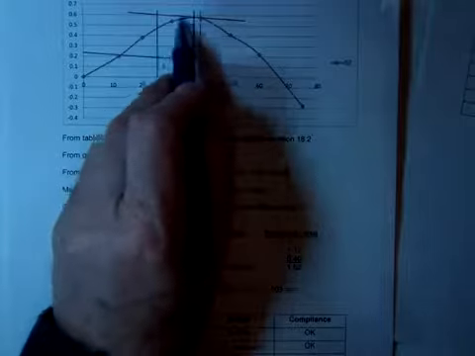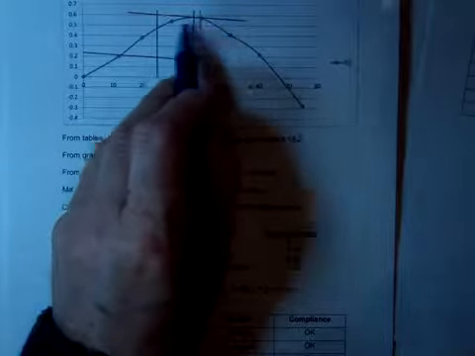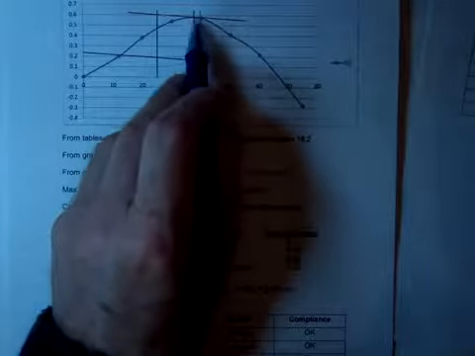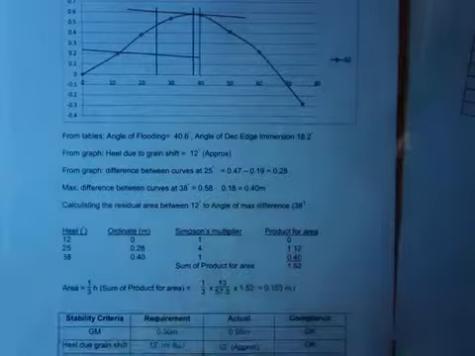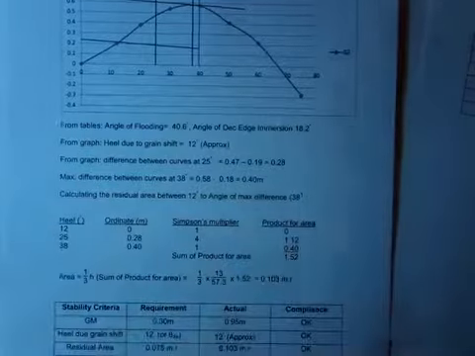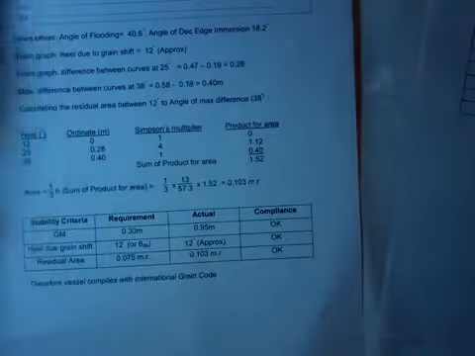So as we draw this curve, we can see that it's slightly higher at 38 degrees than it is at 40. So what we have to do then is work out the values using Simpson's rule.